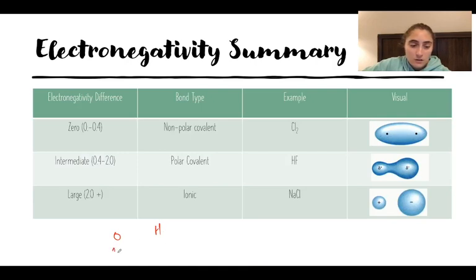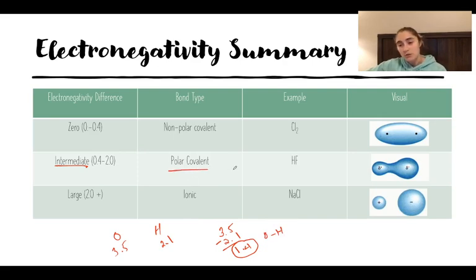And I always subtract the smaller one from the bigger one, 3.5. And this is going to give me 1.4. So I have an electronegativity difference of 1.4, which puts me in the intermediate category, which means oxygen bonded to hydrogen is a polar covalent bond, which we already knew, and it is going to have a dipole moment.